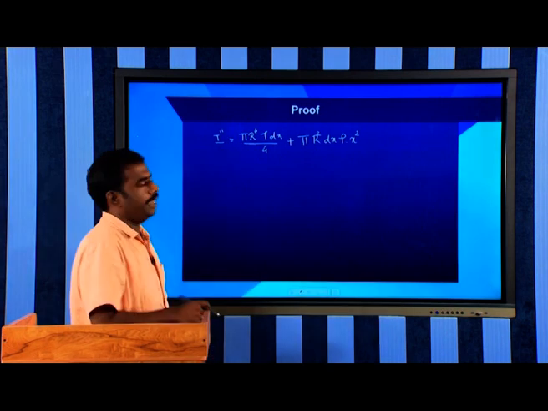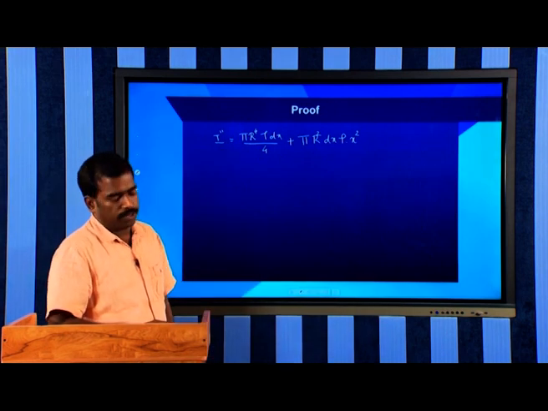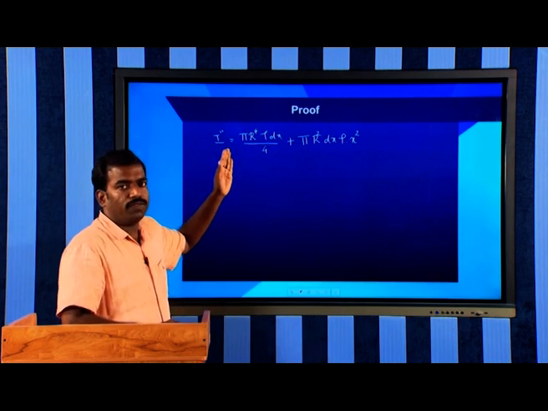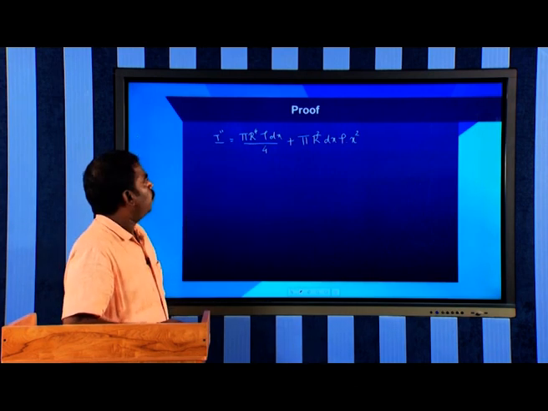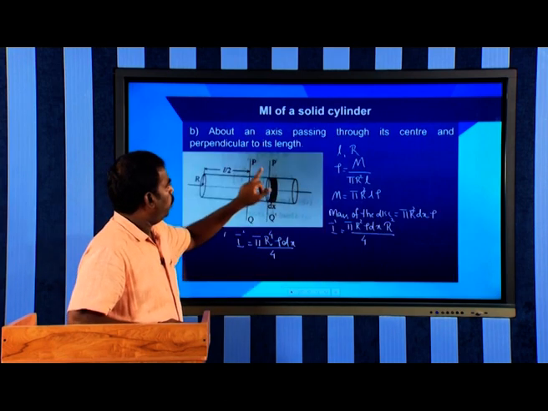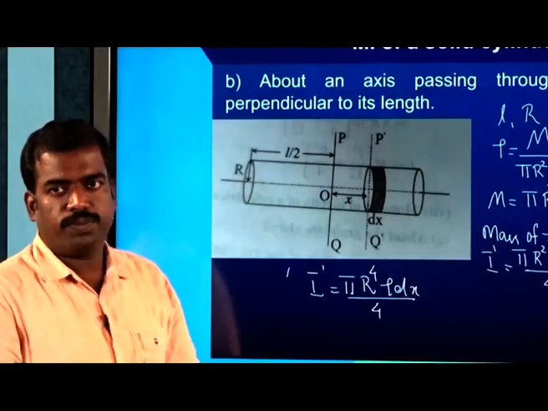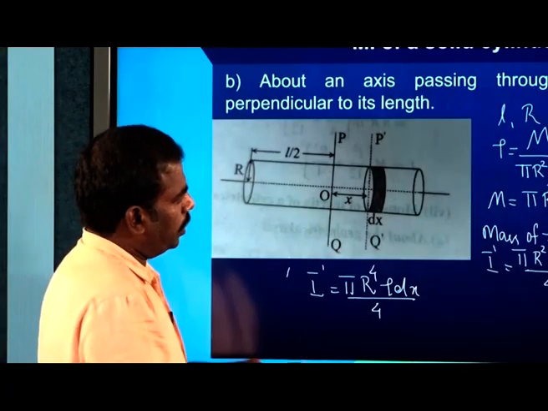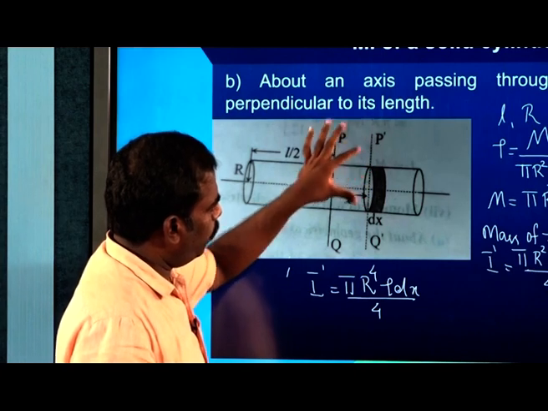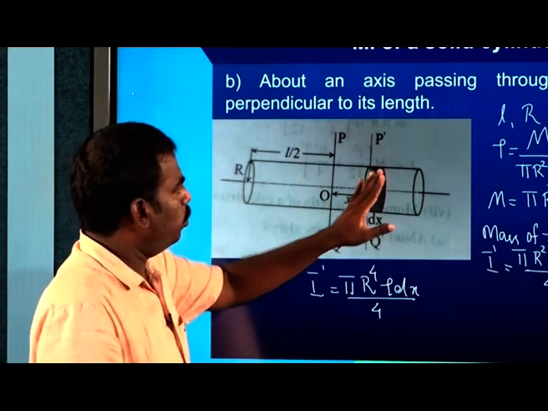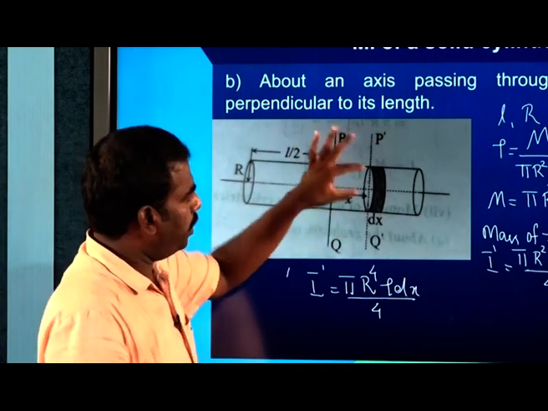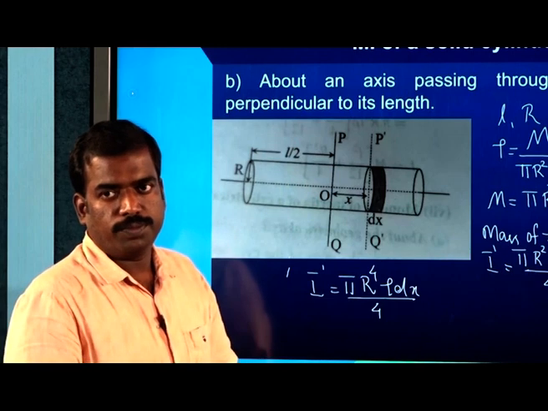So, pi r square dx rho into x square. So, this is the moment of inertia of the disk about what? About pq. So, please understand, first we found the moment of inertia of this disk about p dash q dash, then by using the parallel axis theorem we obtained the expression for this disk about pq.